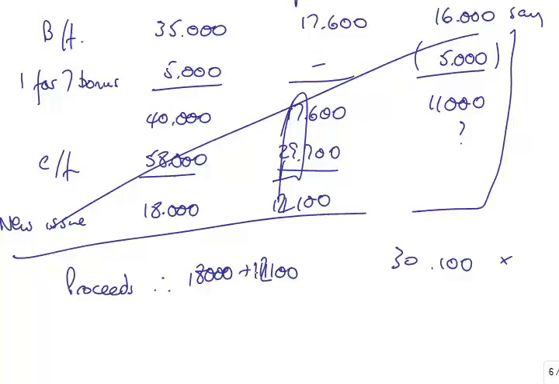Example 3, interest paid. Agnes. In her payables, she's got some accrued loan interest. In the comprehensive income, we've got 217,000 shown. No bank loans, no overdrafts.